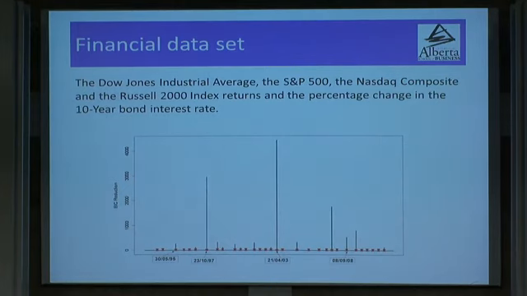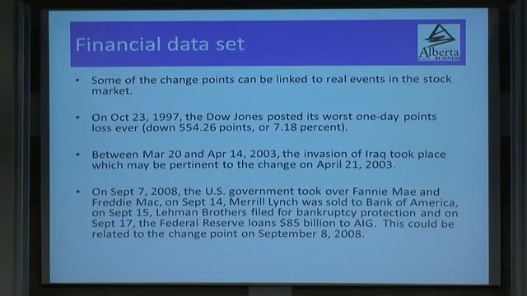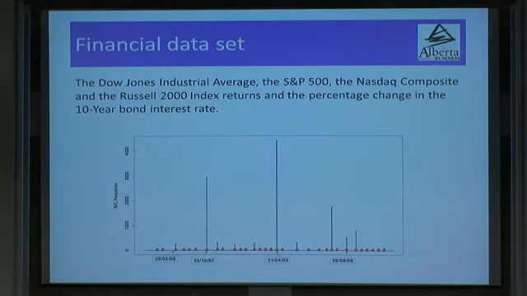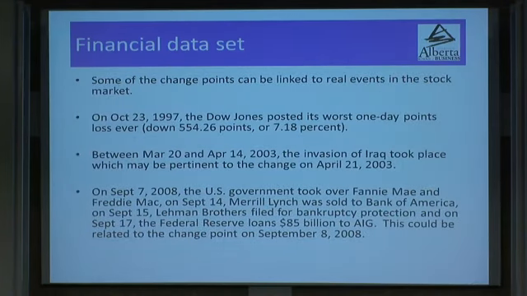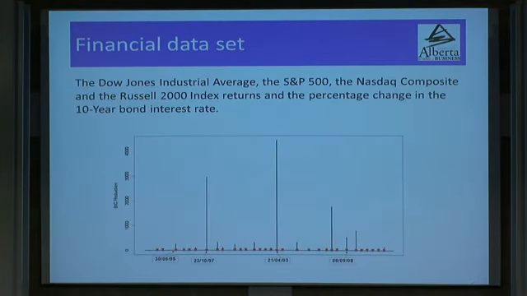So in this change point here, in 1997, this large one here, on October 23rd, 1997, the Dow Jones posted its worst one-day points loss ever. Then in 2003, between March 20th and April 14th, we had the invasion of Iraq, which may be pertinent to the change on April 21st here.